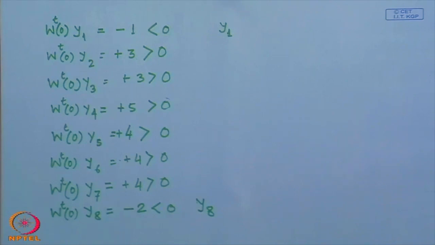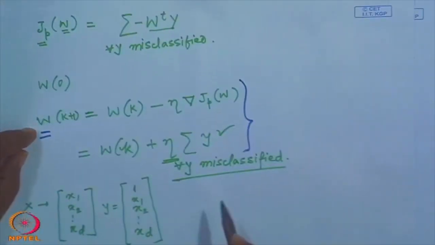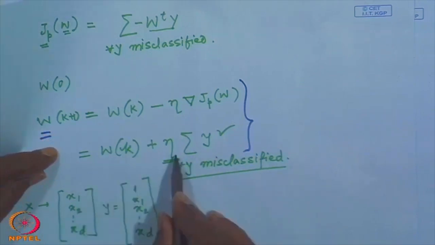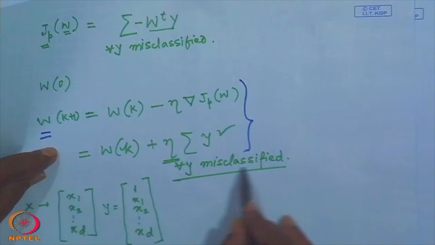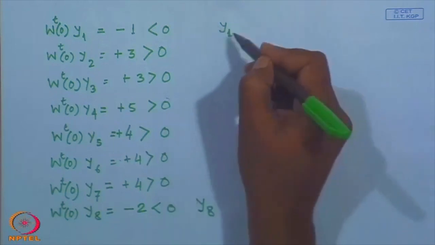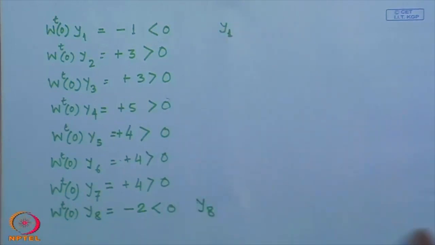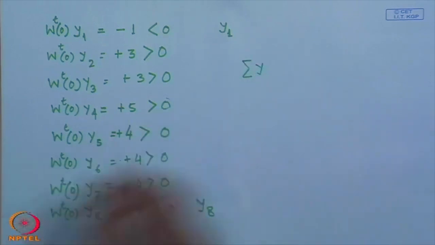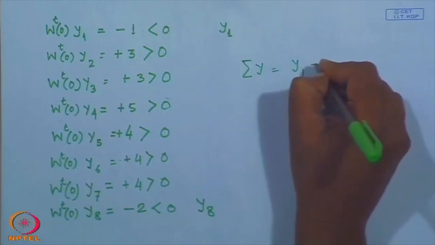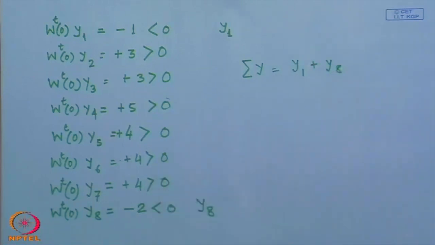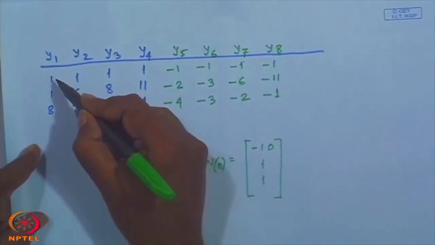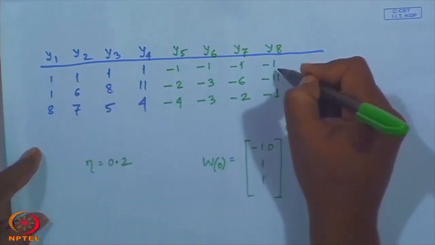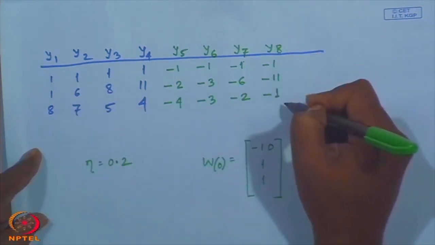Now, looking at this algorithm, the weight updation algorithm is W k plus eta times the sum of y, where the y's are misclassified. Here it is y1 and y8 which are misclassified. So the sum of y of the misclassified samples is nothing but y1 plus y8. Looking at these samples, y1 is 1, 1, 8 and y8 is minus 1, minus 1, 1 minus 1.